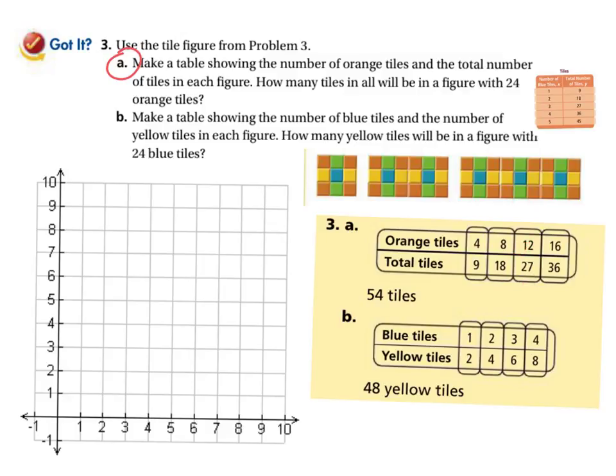Getting the idea there? So no, that y isn't going to change. The 9, 18, 27, 36 isn't going to change. But the number of orange tiles, 1, 2, 3, 4, right? 1, 2, 3, 4, 5, 6, 7, 8, so on and so forth. I'm not asking you to write an equation on this one, just to figure out, okay, well, how many tiles would there be with 24 orange tiles?